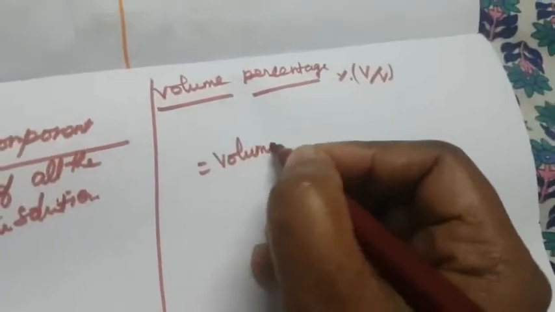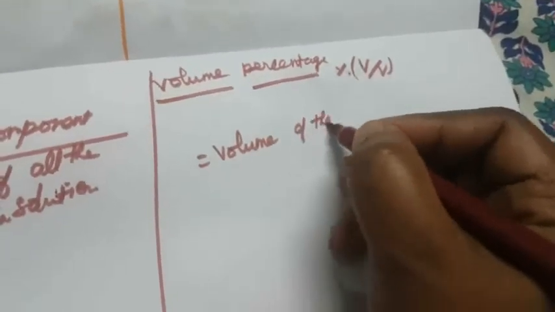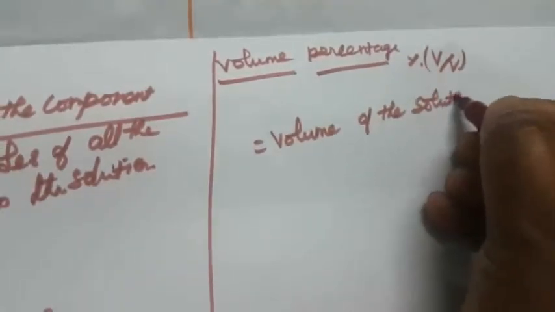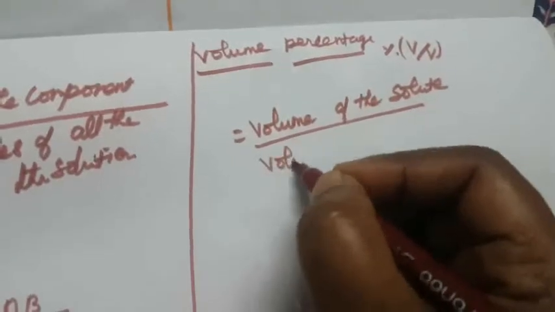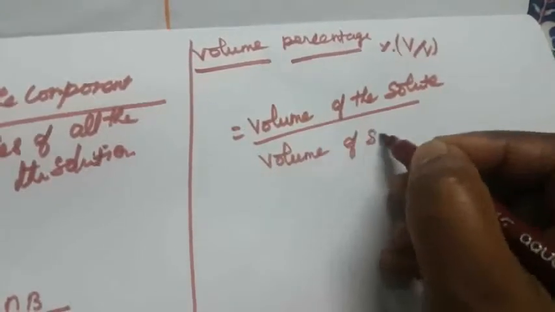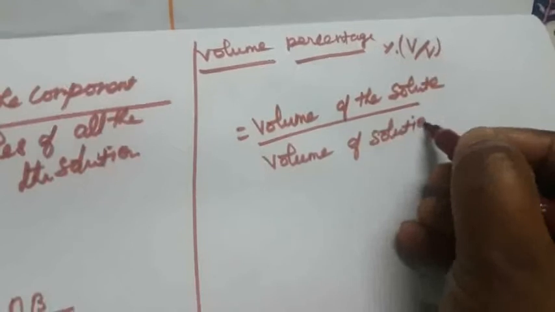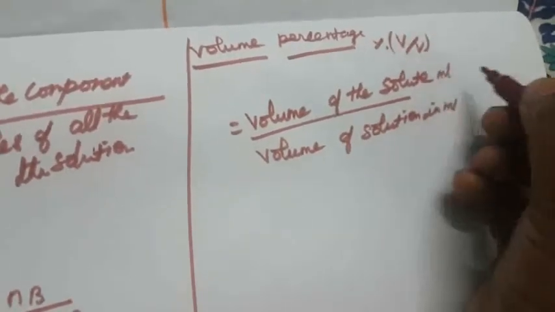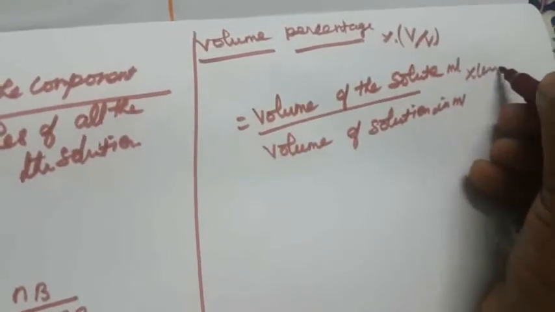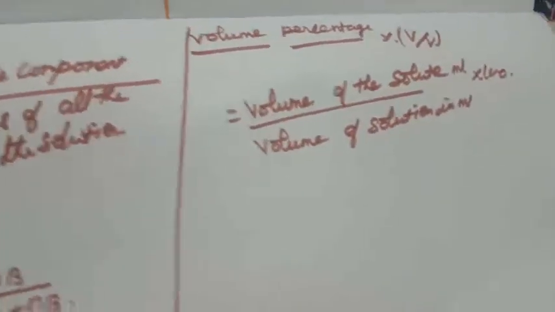The volume of the solute divided by the volume of solution in ml, with the solute also in ml, into 100. We can say the volume in liters or in ml.